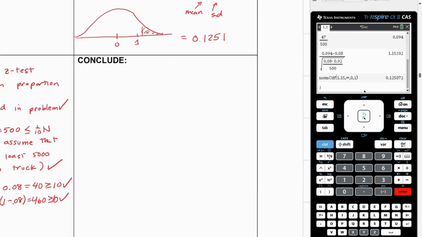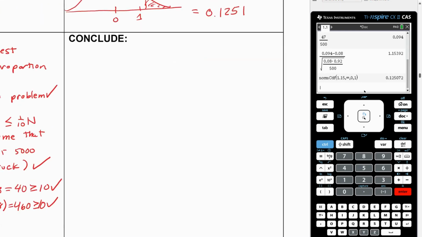And now we're ready to conclude, to interpret our p-value.